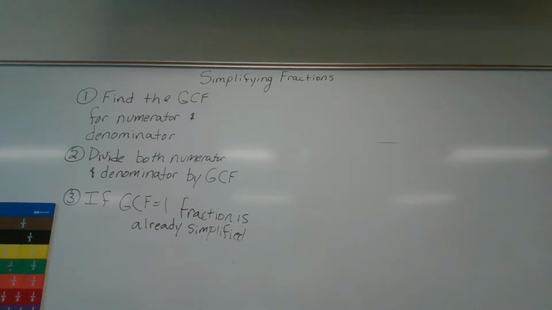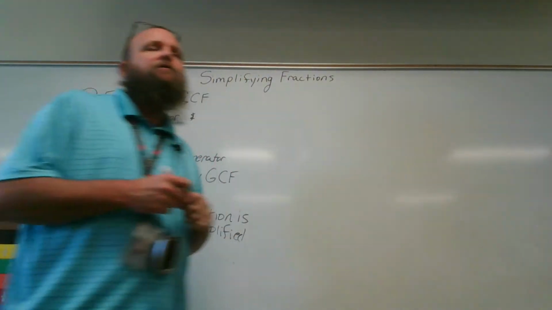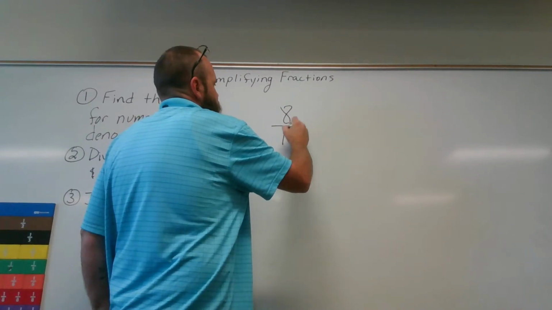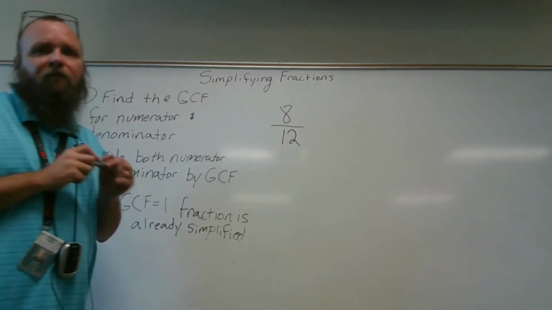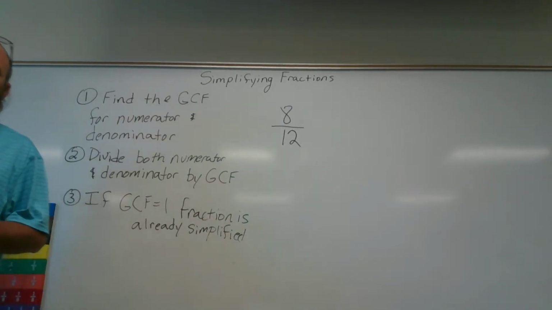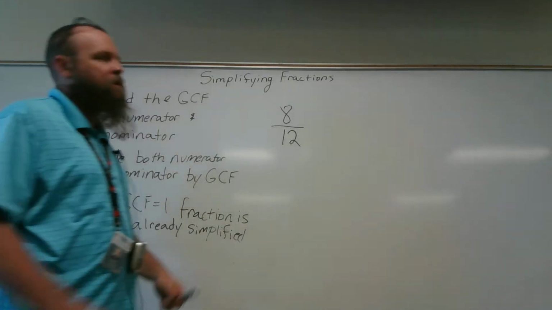Alright, write each fraction in simplest form. So let's look at a couple of examples. If we have the fraction 8/12, step 1 says find the greatest common factor of the numerator and denominator.